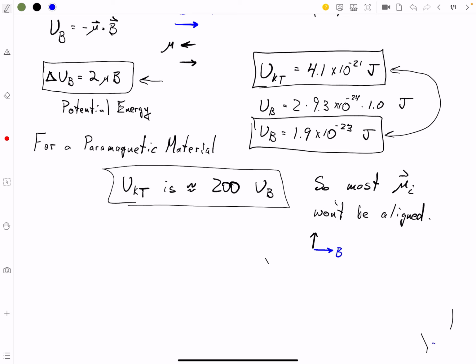Because the torque at that point, since the torque is equal to mu cross B, that's the maximum torque, right? So they don't want to be there, but they will be in a lot of the other situations where the torque is minimized. And so they will either be aligned or anti-aligned mostly, but it's a crapshoot. It's a rando thing. So they don't want to be perpendicular.